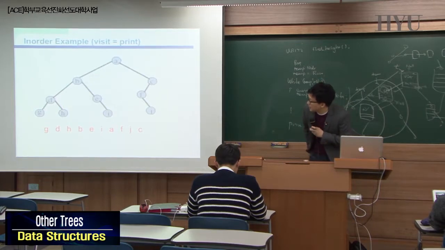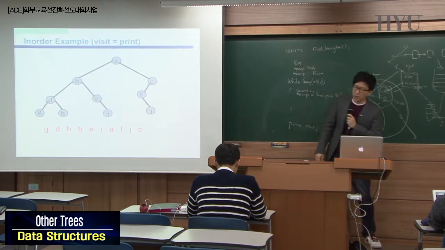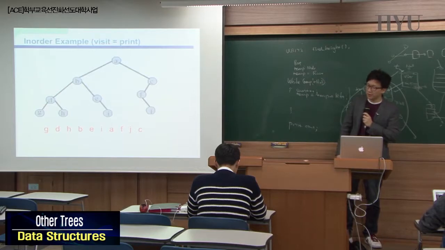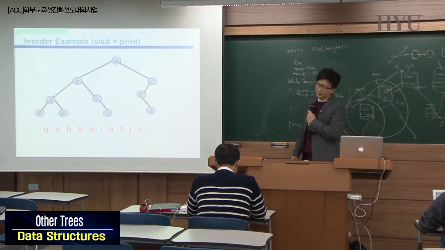G, D, H, B, E, I, A. At that point, I've just covered everything on my left side. That's why I hit A as the root. F, J, C. F, J, C.